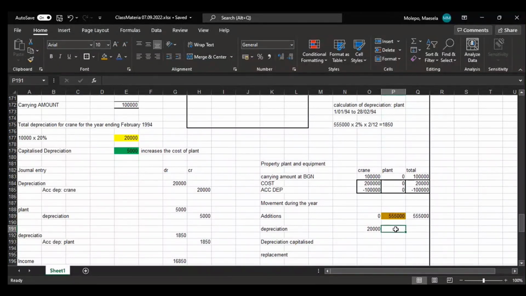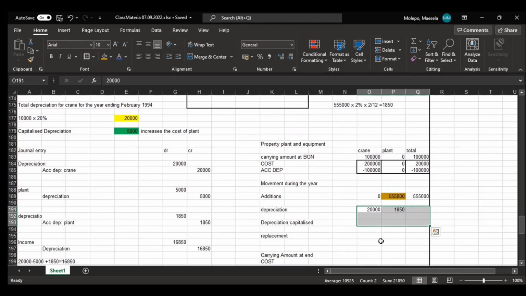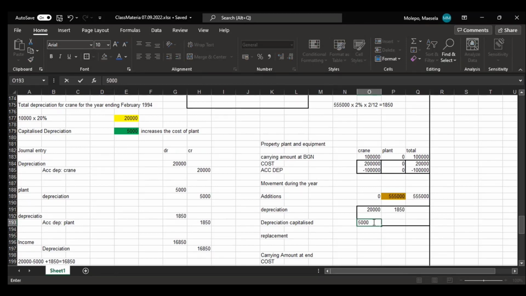So it's either way. If we say it's 20,000, then it means our depreciation capitalized, we're gonna minus it. If the figure is positive, it will be positive here. And the depreciation capitalized, you say minus 5,000 here. Like you say 5,000 is capitalized, here is 0.